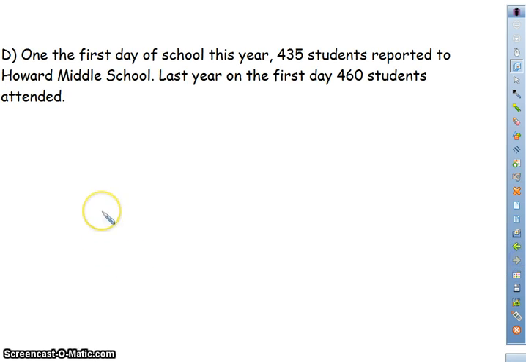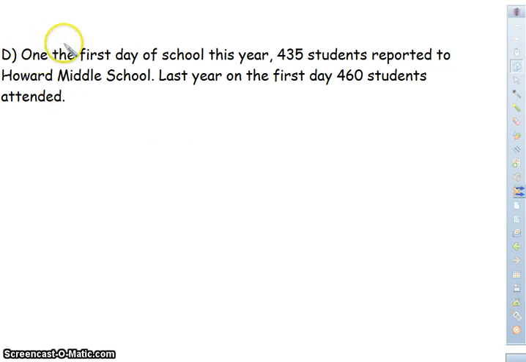So go ahead and hit pause and solve this. Alright, it says the first day of school this year, 535 students reported to Howard Middle School. Last year on the first day, 460 students attended.